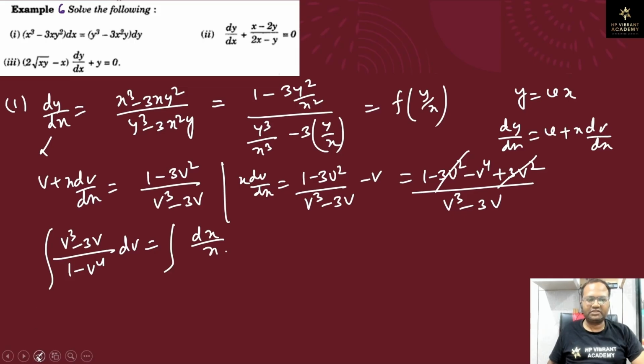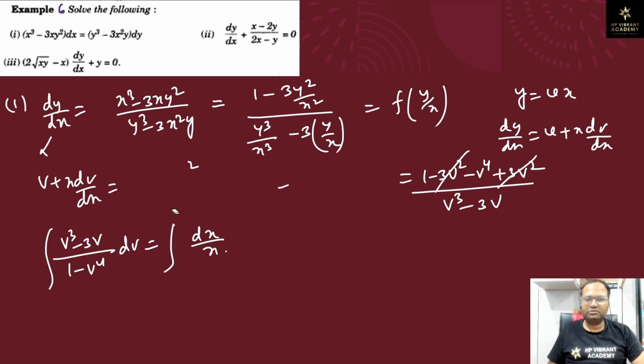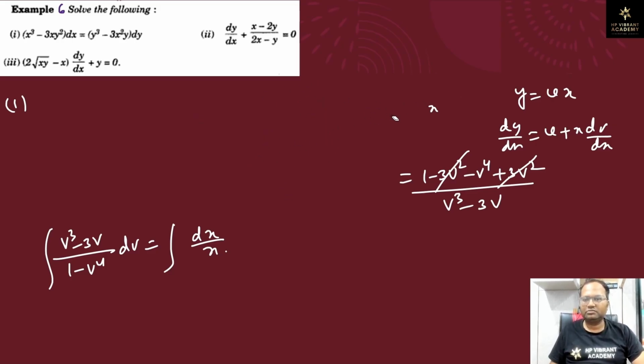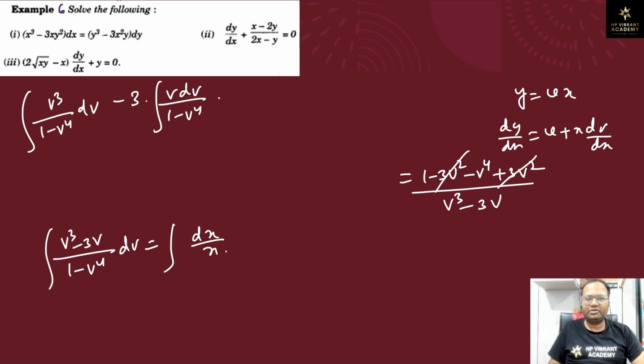Let us further simplify this. So we have integration of v cube upon (1 minus v to the power 4) dv minus 3 times integration of v dv upon (1 minus v to the power 4) is equal to integration of dx upon x.